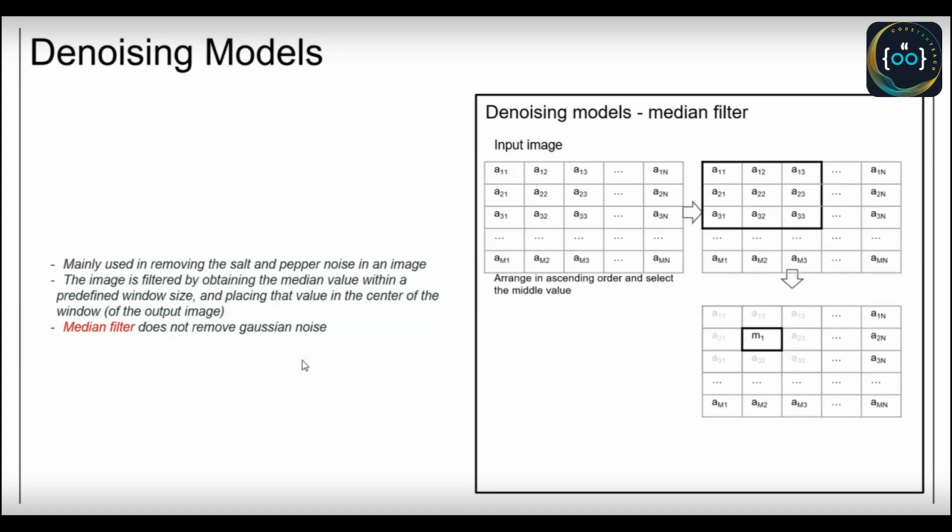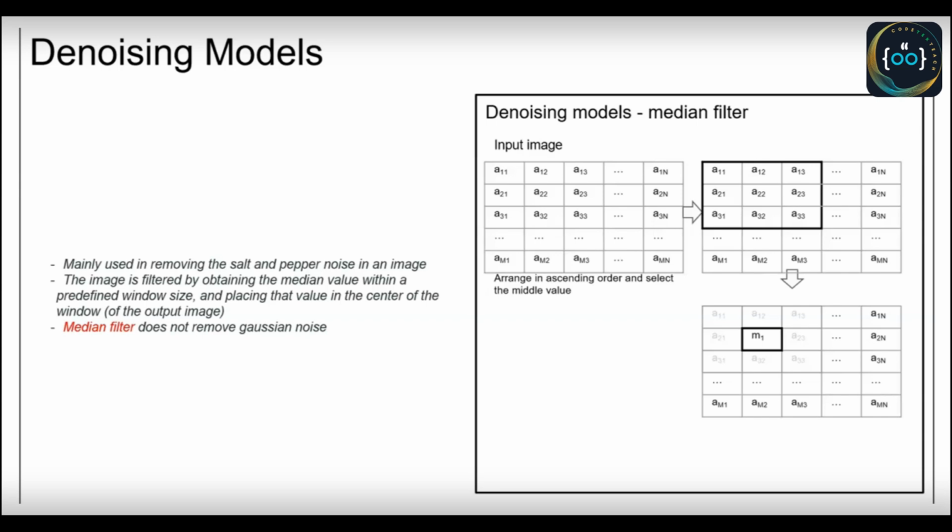Last but not the least is the median filter. The median filter is a non-linear digital filtering technique often used to remove noise from an image or signal. Like the mean filter, the median filter considers each pixel in the image in turn and looks at its nearby neighbors to decide whether or not it is representative of its surroundings.